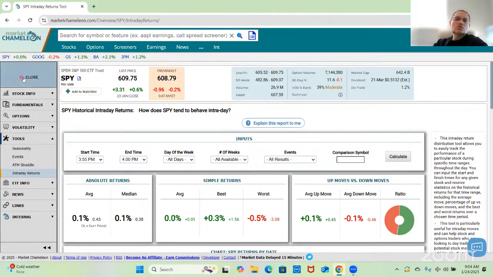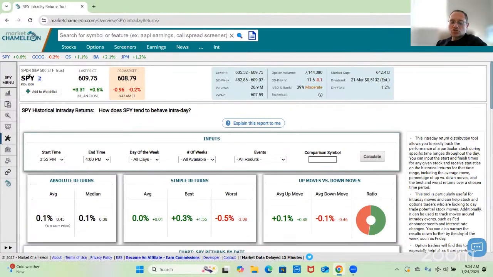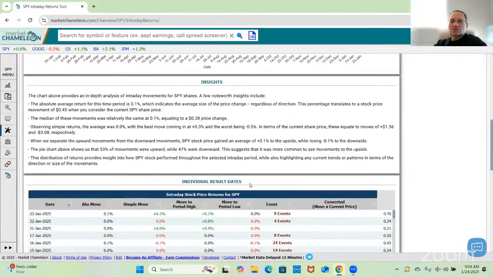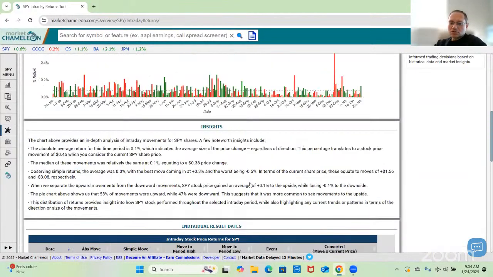I'm going to close this menu to expand our screen. And here we have a couple things. We could set the calculator inputs, calculate it, and then we get these outputs here to analyze with a table.